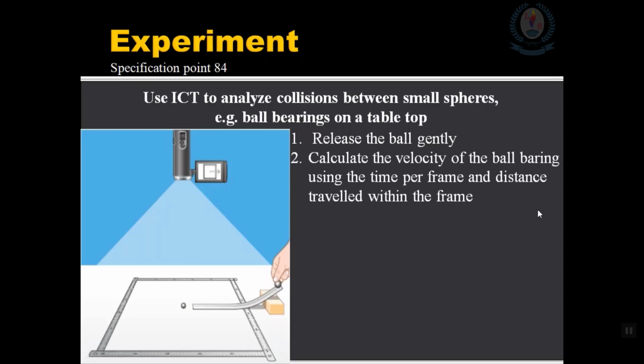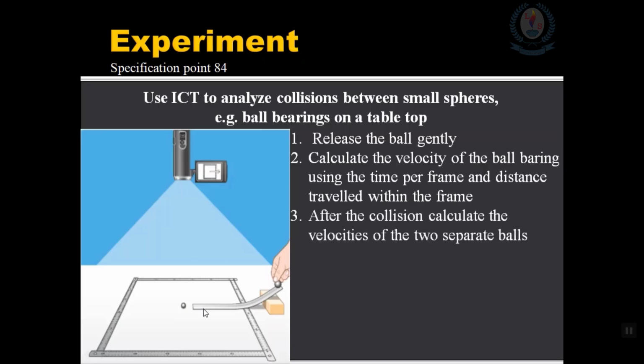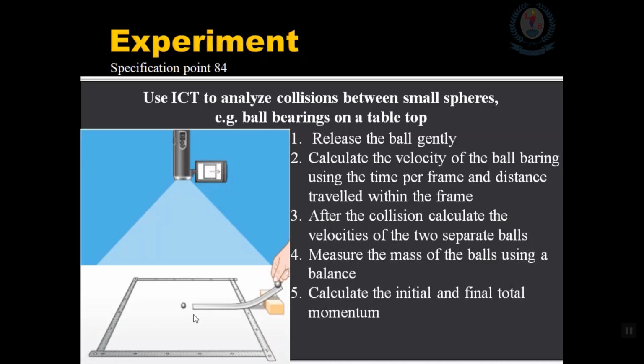Then we calculate the velocity of the ball bearing using the time per frame, which is taken from this camera, and the distance travelled within each frame. Then after the collision also we calculate the velocities of the two separate balls, and we measure the masses of each ball using a balance. Then we calculate the initial and final total momentum.